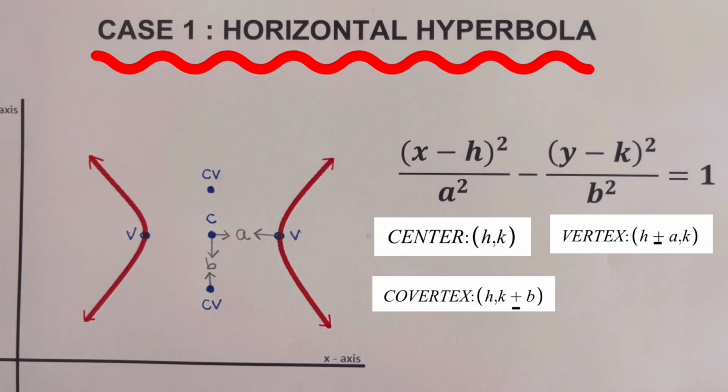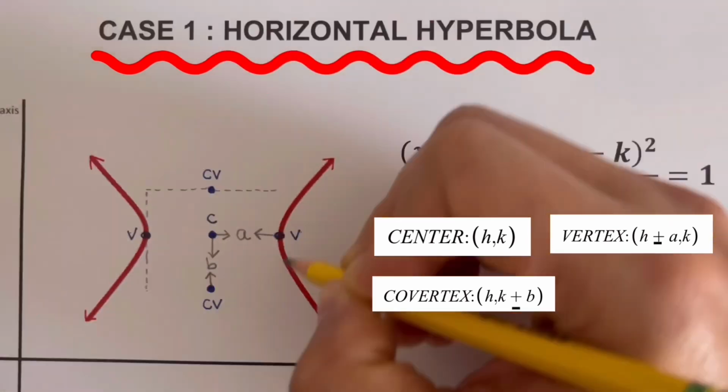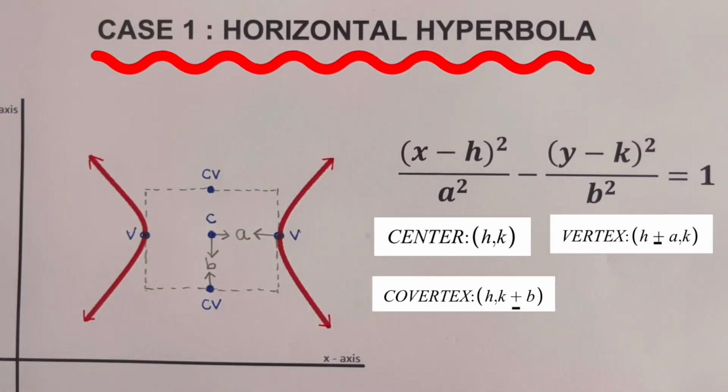The next part of this horizontal hyperbola are the asymptotes. In order that we can easily draw the asymptotes, we are going to draw a rectangle. This rectangle should cover these 4 points, the two vertices and the two co-vertices. The asymptotes in a horizontal hyperbola pass through the corners of the rectangle, passing through the center.